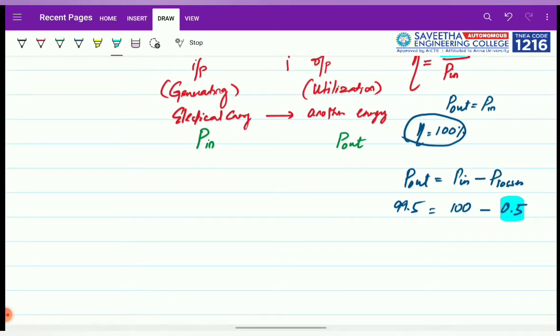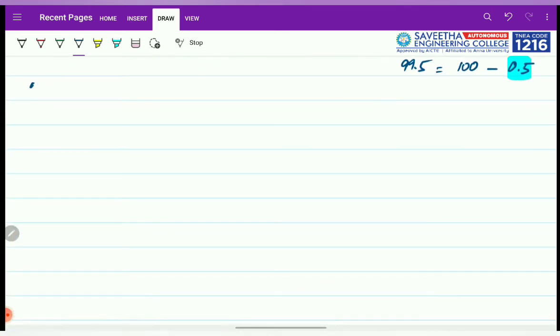As we look at the statement of the maximum power, you can clearly understand.